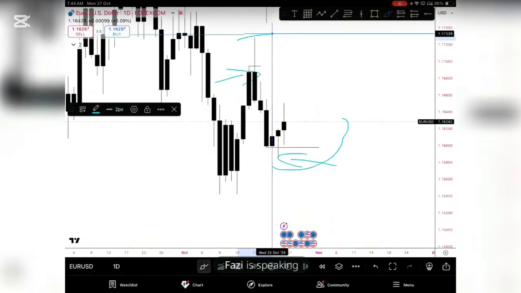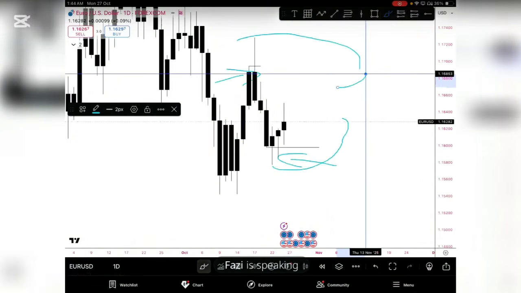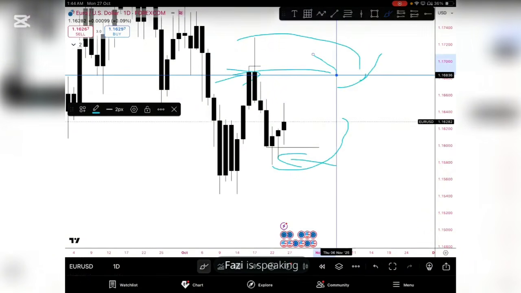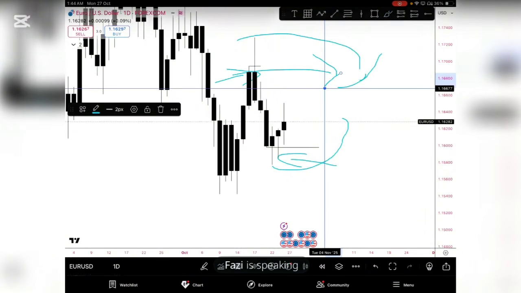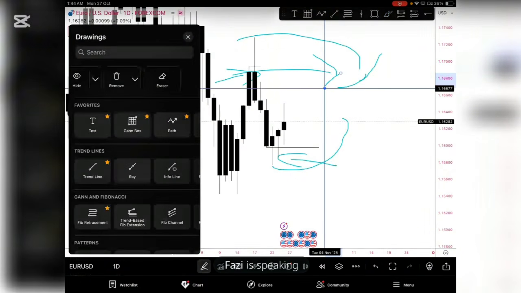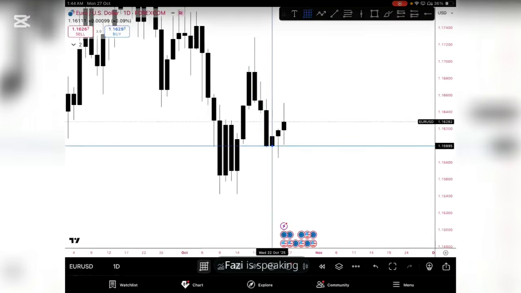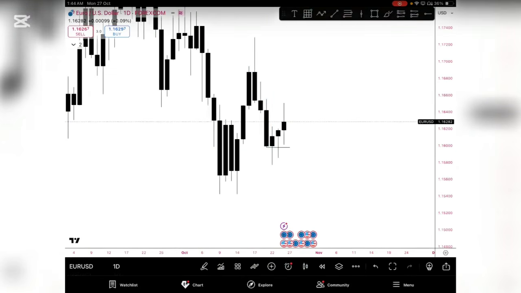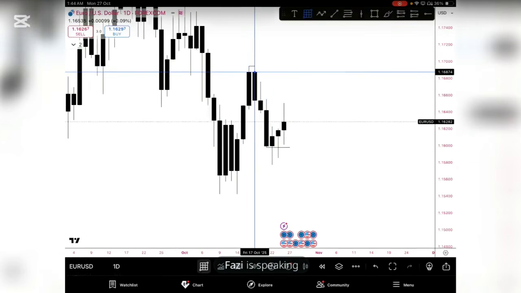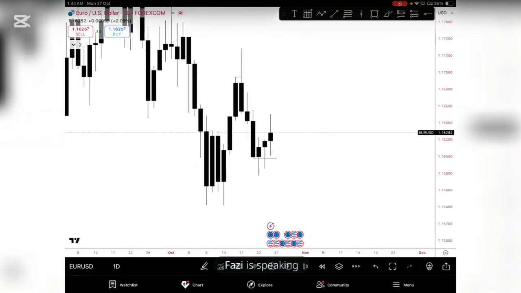You don't need to take sells on this level. Why? That sell has been entered by this sweep. This sweep has been entered by this sweep. Understand? So the recent sweep was this, so you can target this extended range liquidity here.